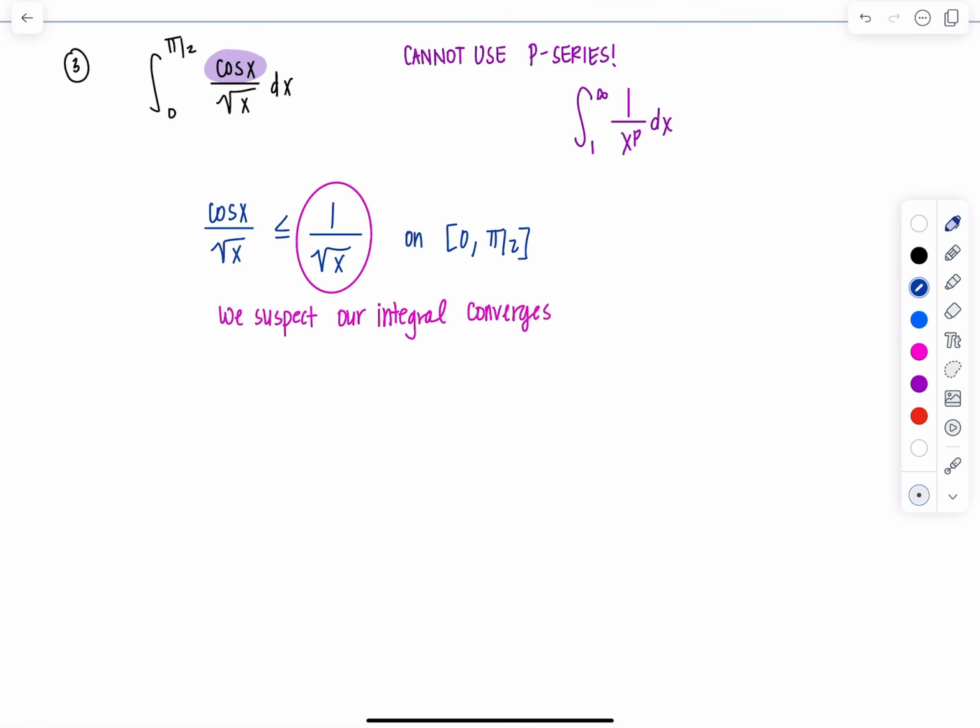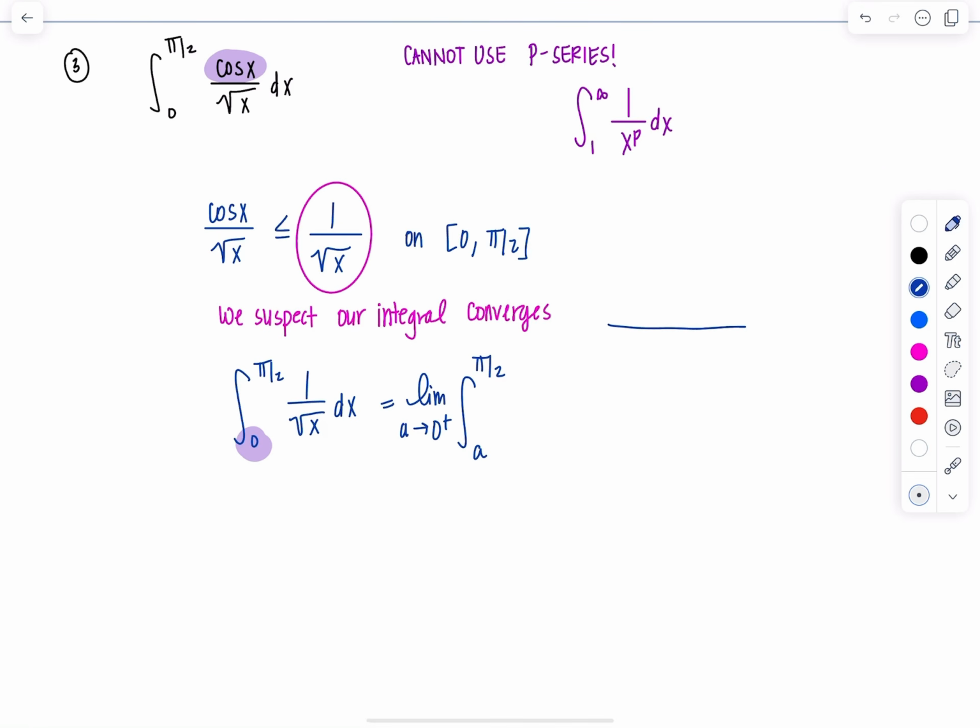Okay, so let's try. 0 to pi over 2, 1 over rad x dx. I have to immediately change that lower limit, replace it with some dummy variable of choice. How about a to pi over 2, and then we have the limit as a approaches 0 from the right. And again, if you get confused, is it from the left or from the right?